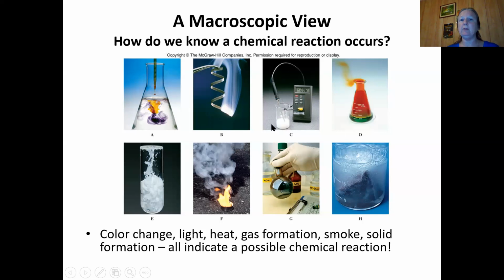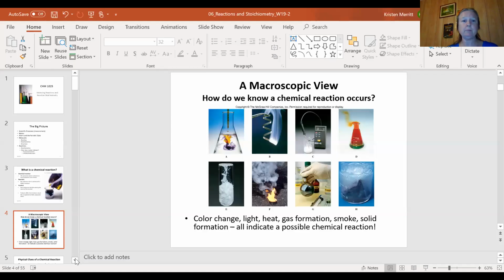You're generating heat. Again, we have color and smoke. You generate a solid. This cloudiness is actually tiny little particles that have formed when you mixed two liquids, two solutions. And of course, fire, gas again, bubbling. So these are all indications of a possible chemical reaction.